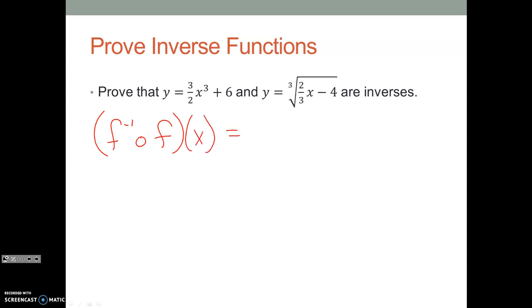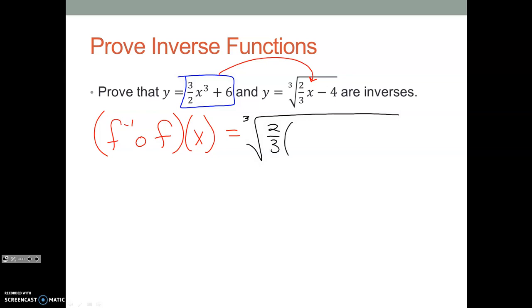Okay, so now I am going to take my original function and plug that into my inverse. So I got a big old cubed root, and I've got 2/3, but then instead of that x, I'm going to plug in 3 halves x cubed plus 6, and then I still have my minus 4.